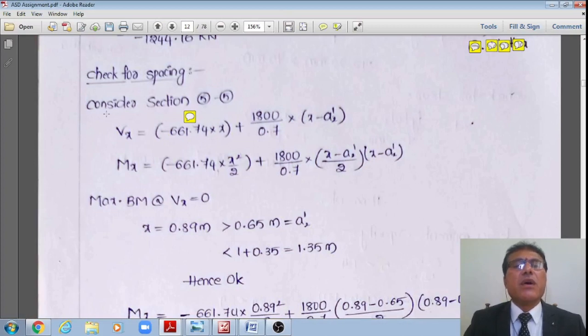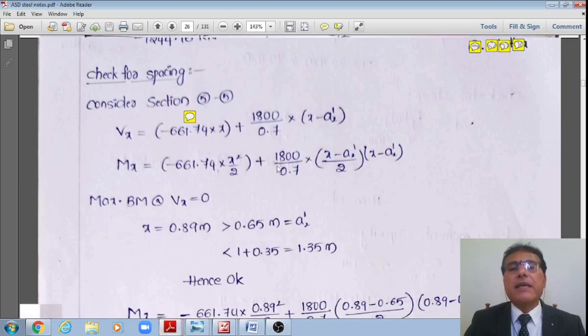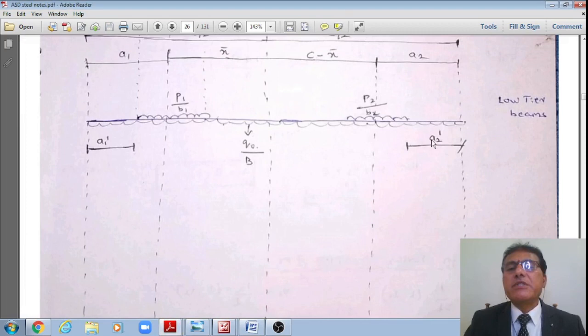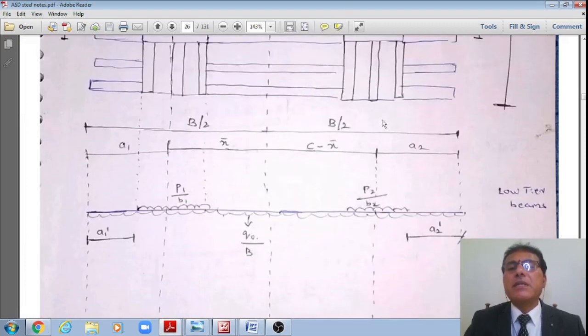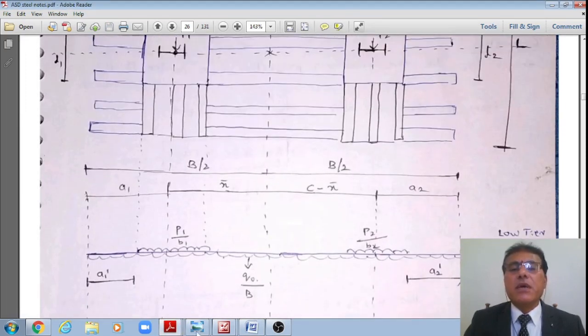There, the shear force Vx is equal to QLx plus 800 divided by 0.7 multiplied by x minus a2 prime under the second column, where a2 prime is this one. I am just analyzing under the second column where the maximum shear force will occur.